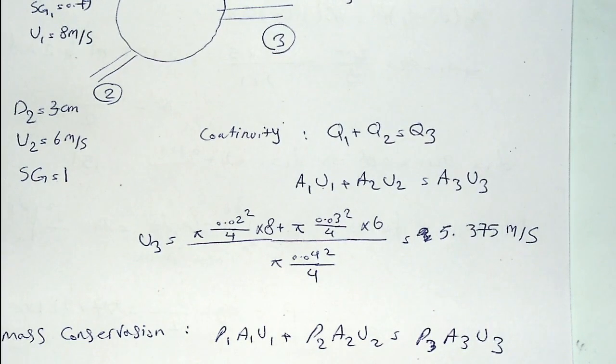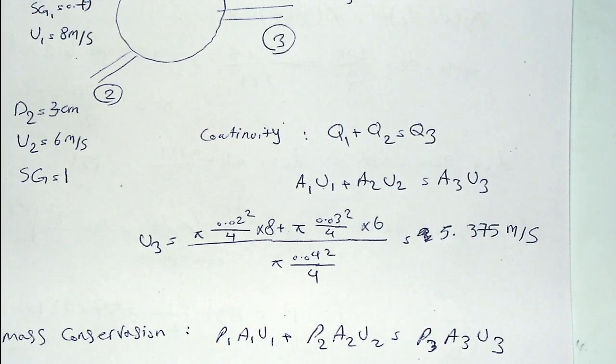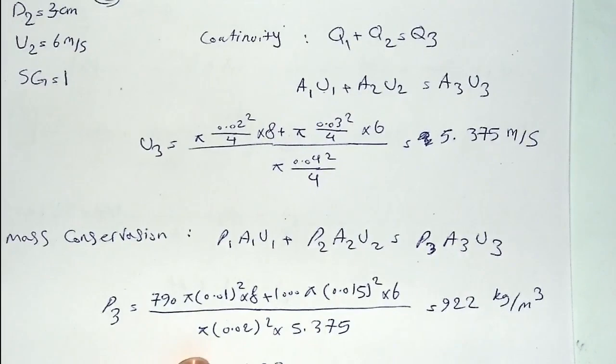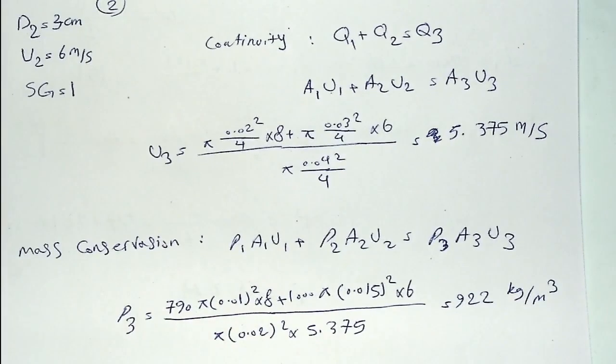So the specific gravity would be 0.922, which is dimensionless. Any questions?